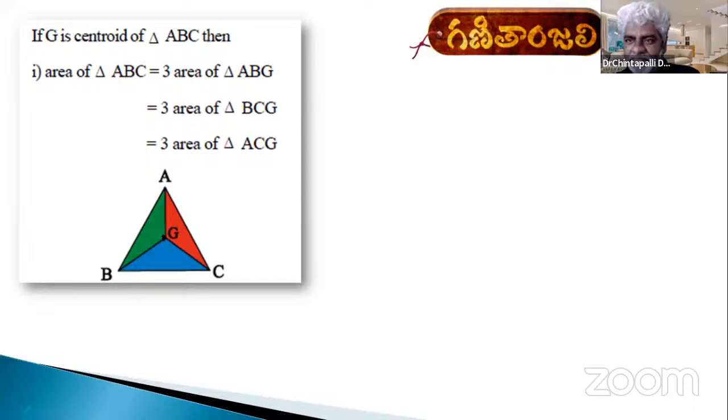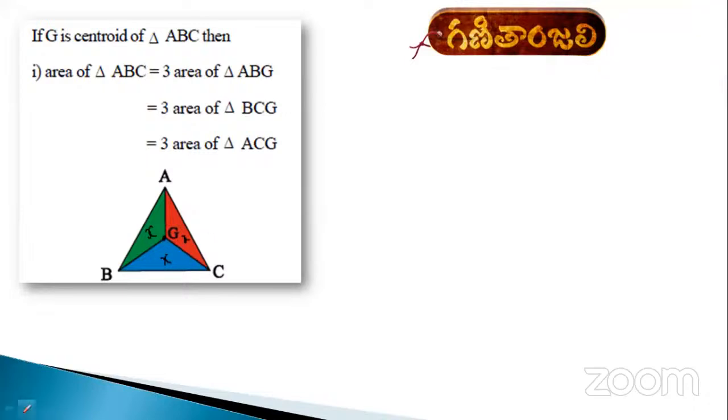BGC, right? And if G is the centroid, then the areas of the three triangles are exactly the same. Area of triangle AGB is equal to area of triangle BGC is equal to area of triangle AGC. If each area is x, then the total triangle area is 3x.